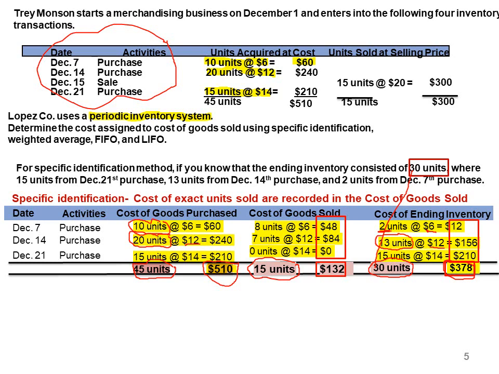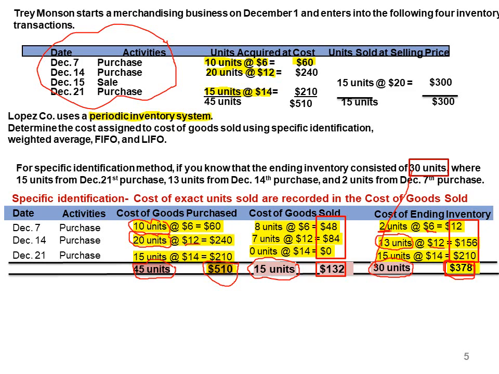So we are going to write the remaining units. What happened to the difference? What happened to the 7 units, the difference between 20 and 13? They must be sold. So we sold the difference and only 13 units remain. So we're going to record 13 units with the original cost price used to purchase those units.